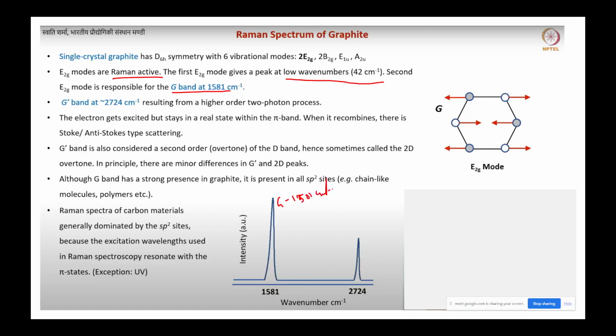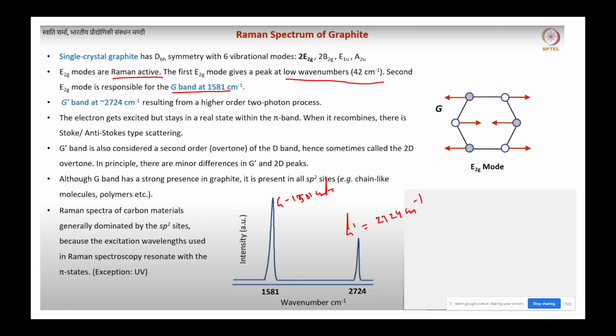Now you will get a G dash band, or often we call it a 2D band also. This you would get around 2724 per centimeter, resulting from a higher order two-photon process. So the electron gets excited but stays in a real state within the pi band. When it recombines, there is a Stokes or anti-Stokes type scattering.